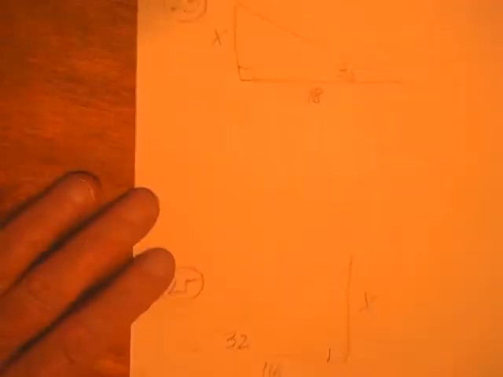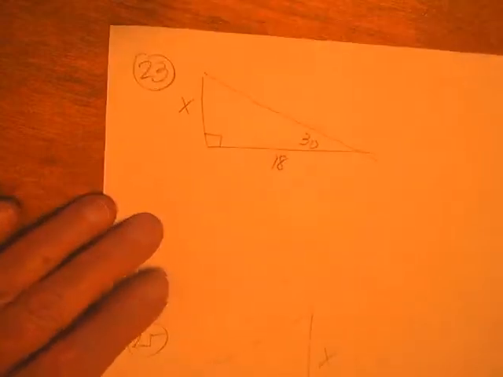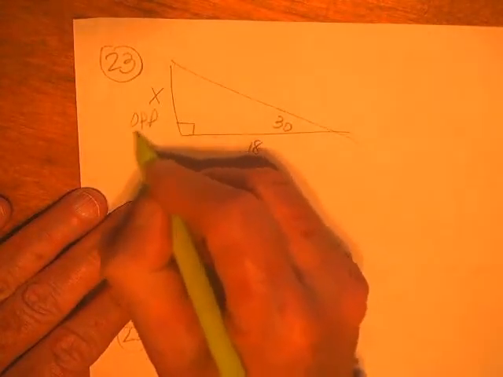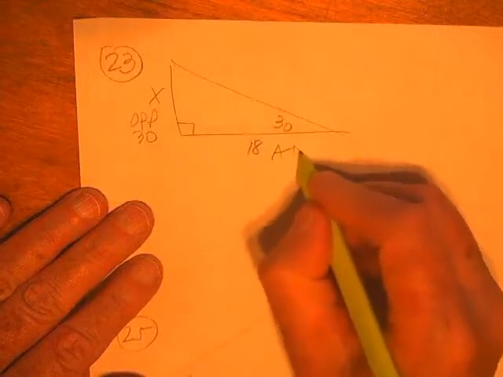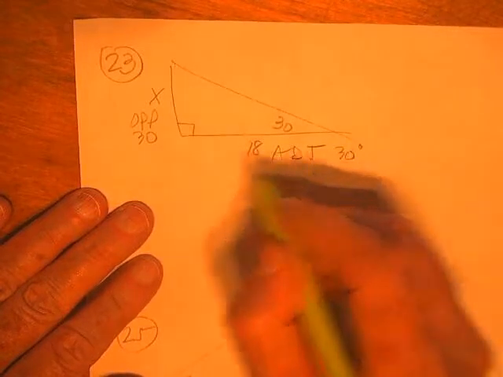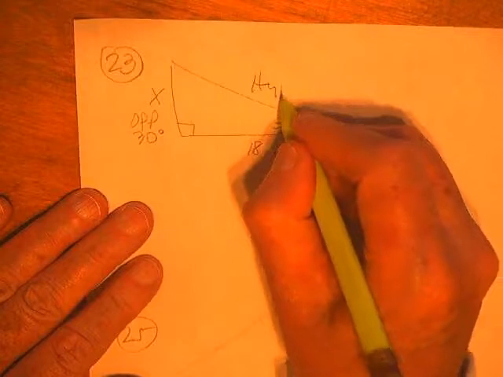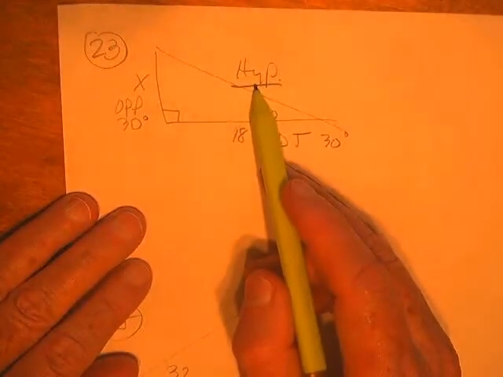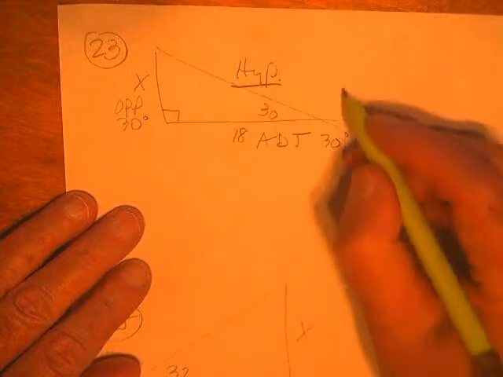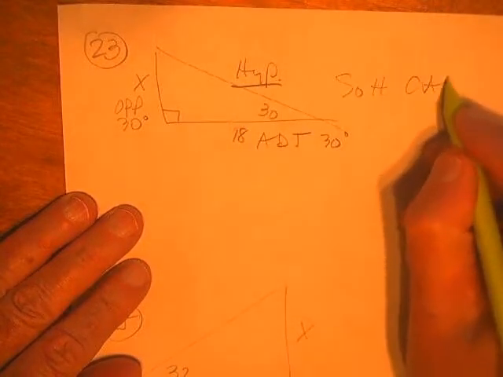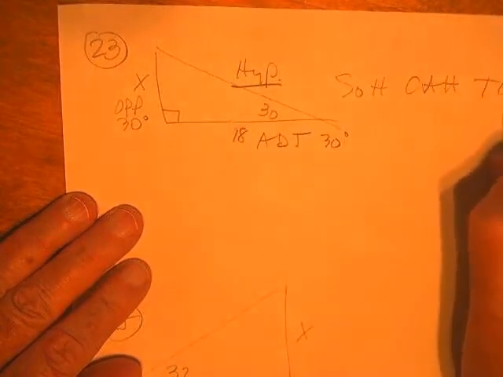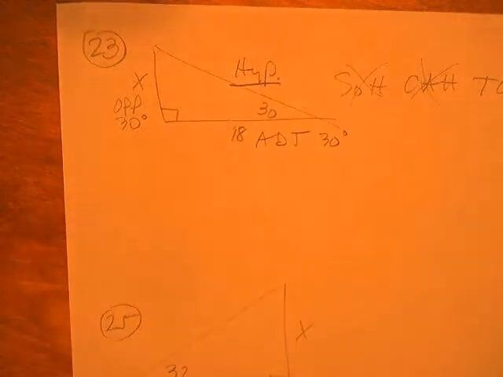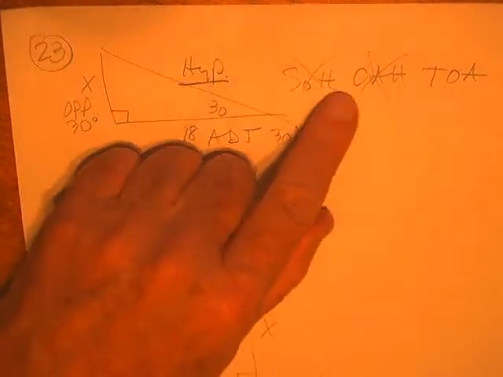Okay. Here's 23. So this one appears to be opposite 30 degrees. This one's adjacent to 30 degrees. The hypotenuse is not even involved. Look, they don't give it to us. They don't ask us to find it. So if you'll think about your SOHCAHTOA for a minute, when the hypotenuse is not involved, it's not sine or cosine, because they both have hypotenuse in them.